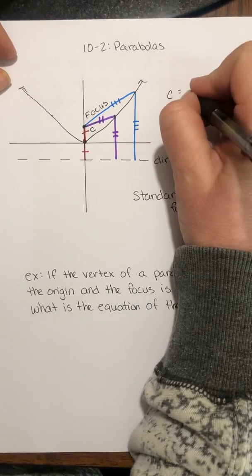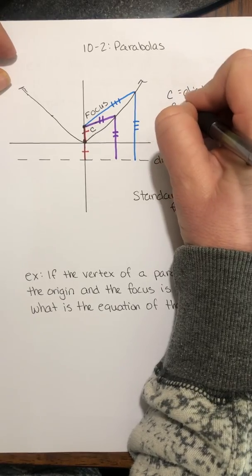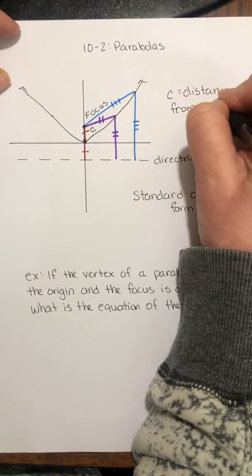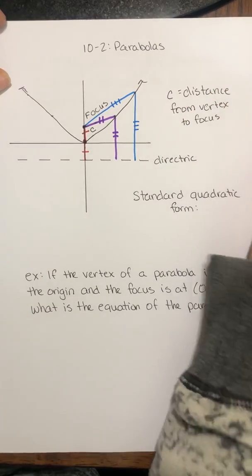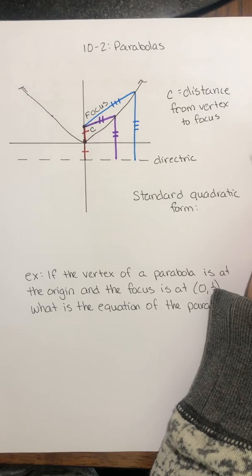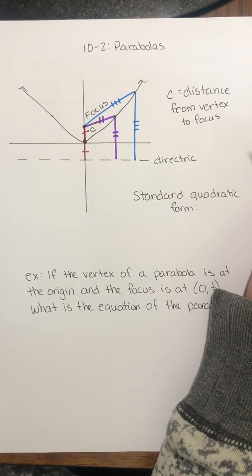C equals the distance from the vertex to the focus. And that number C is really important in being able to graph and describe these parabolas.